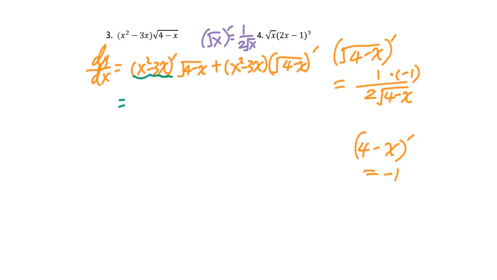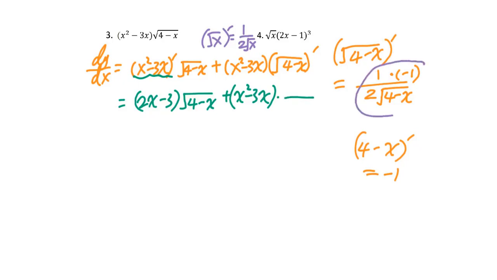The derivative of x squared minus 3x will be 2x minus 3. Then you have square root of 4 minus x, plus x squared minus 3x, then times, we already got the answer here, negative 1 over 2 square root of 4 minus x.